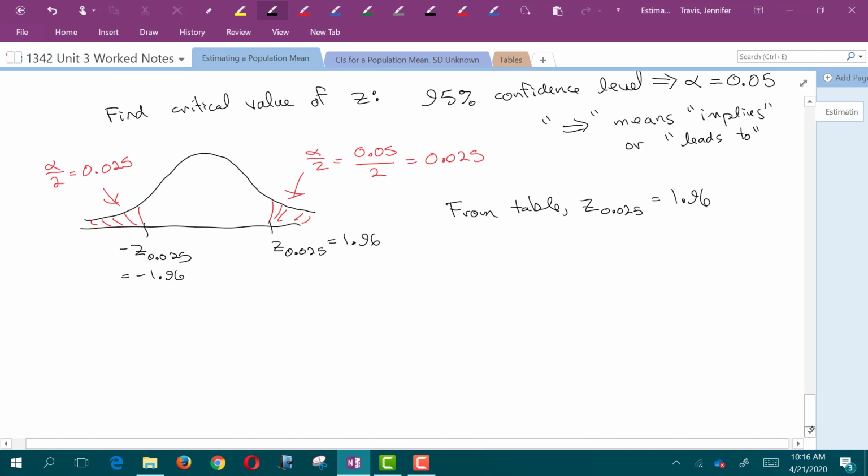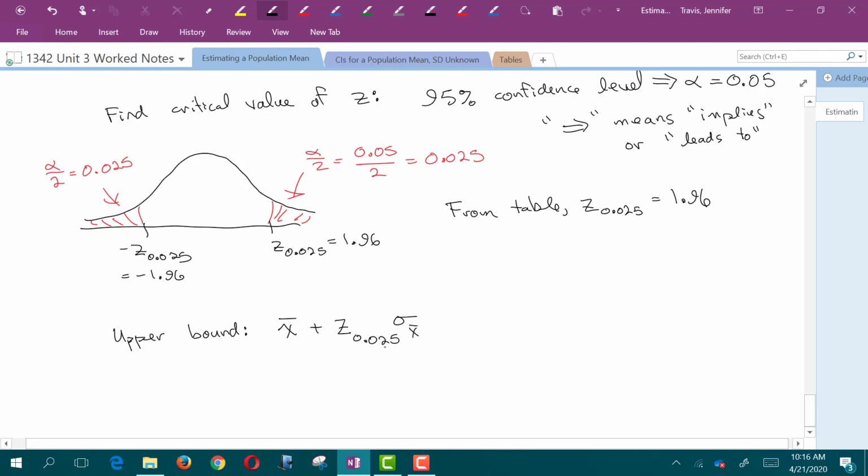Okay, so now we want the upper and lower bounds for our confidence interval. We're going to do my x bar, my sample mean, plus my critical value times my standard error.